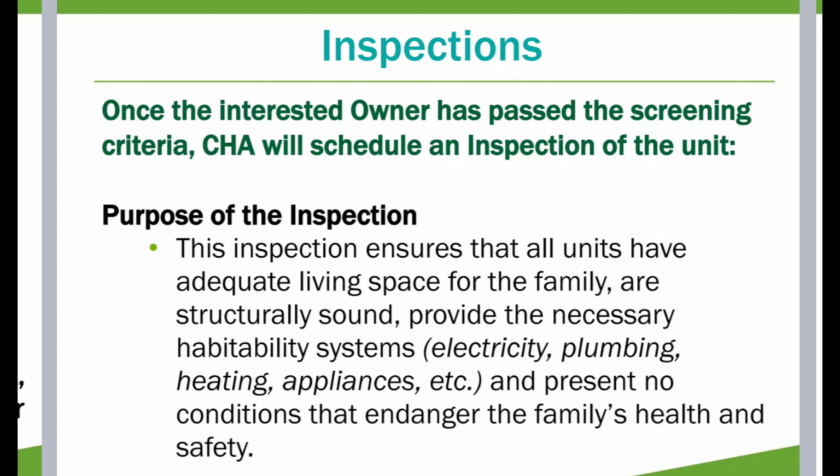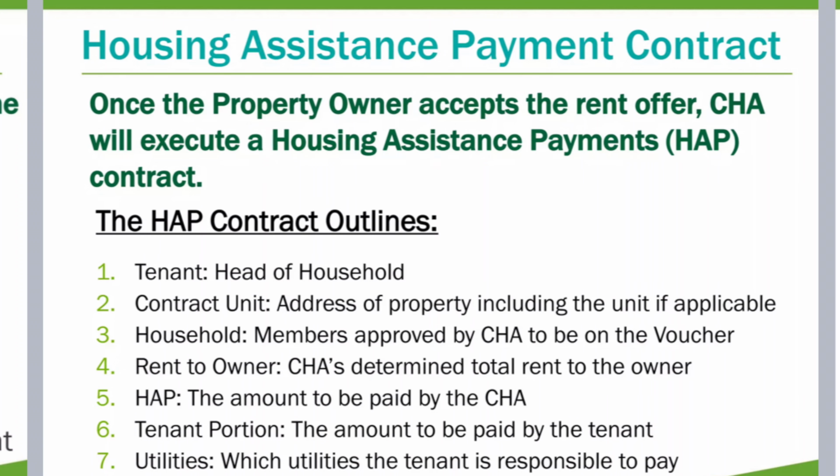And once you pass that inspection, then you'll submit how much you want in rent to Section 8, and they'll tell you how much they're willing to pay. Once you come to a number that you're comfortable renting to that Section 8 tenant, then you'll accept the Chicago Housing Authority's offer, and then you'll be able to send a lease to your tenant, and you'll be all set and ready to go.